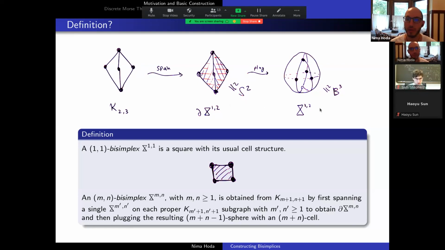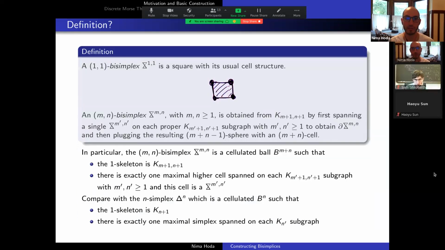And if we plug that with a cell of dimension 3, we get a regular CW complex homeomorphic to the 3-ball, and that's the 1-2 bisimplex. You can compare this to the case of simplices. An n-simplex has a one skeleton that is a complete graph, K_{n+1}, and its cells are in correspondence with its complete subgraphs. So it's a very analogous idea.